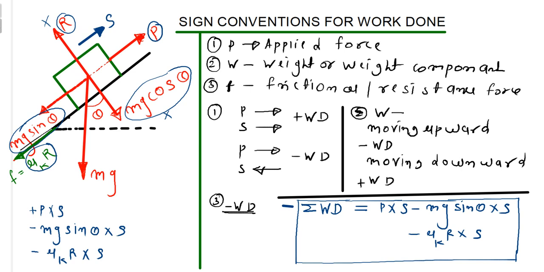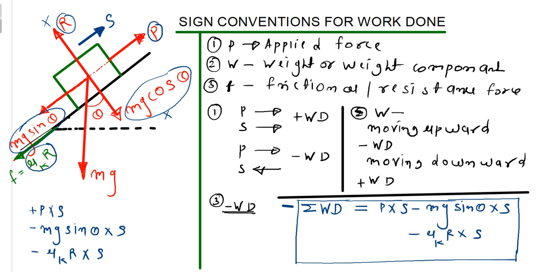When the gas expands, it applies a pressure force on the piston, and the piston moves upward in the same direction, so work done is positive. When you stretch a spring, the stretching force is in the right direction and the displacement is also to the right, so work done is positive.